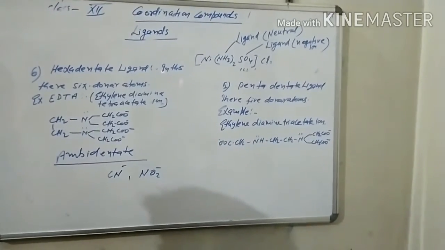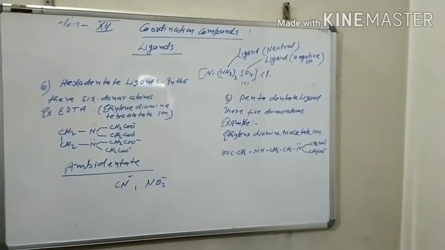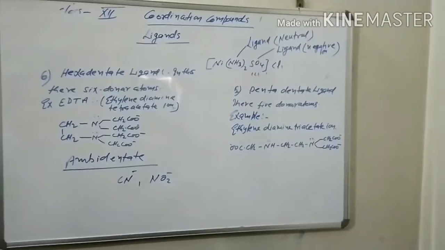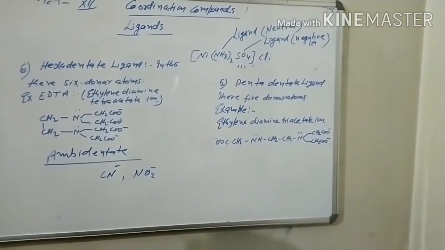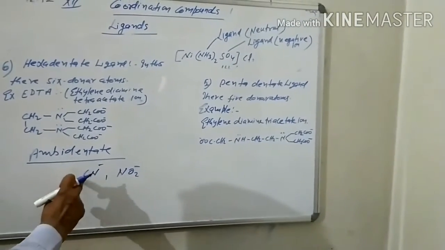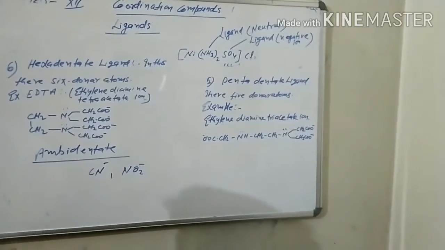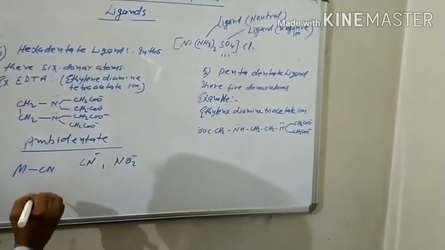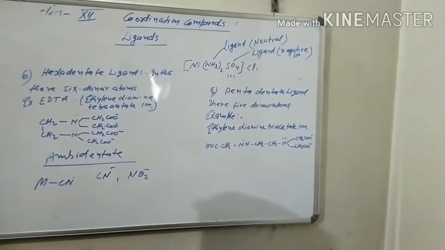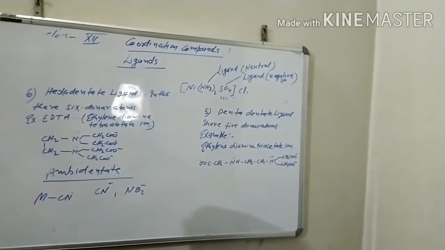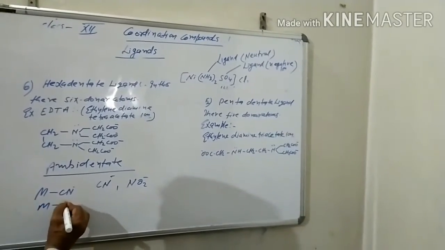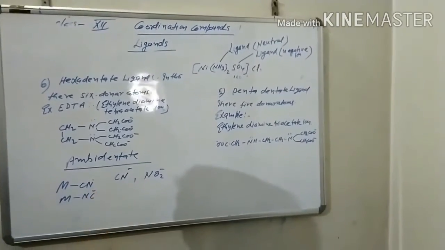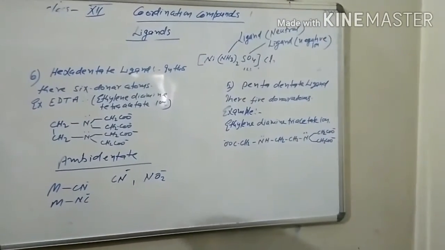In these two ligands, both have two donor atoms, but at one time carbon is coordinated with the central metal ion, and at another time nitrogen is coordinated with the central metal atom or ion.